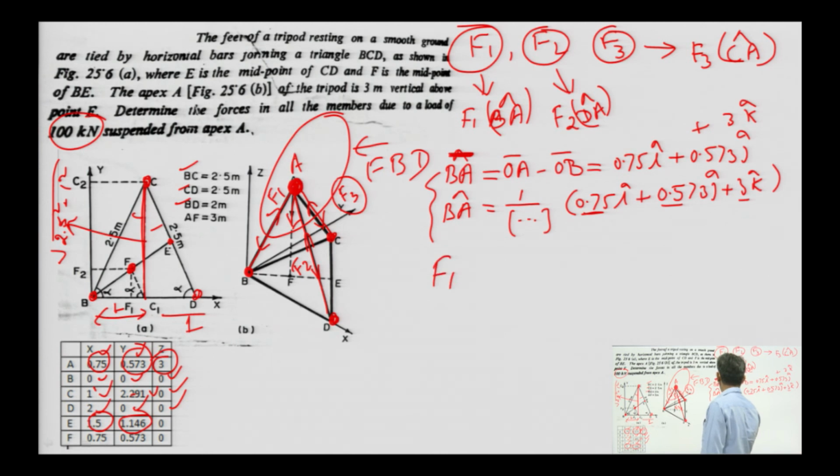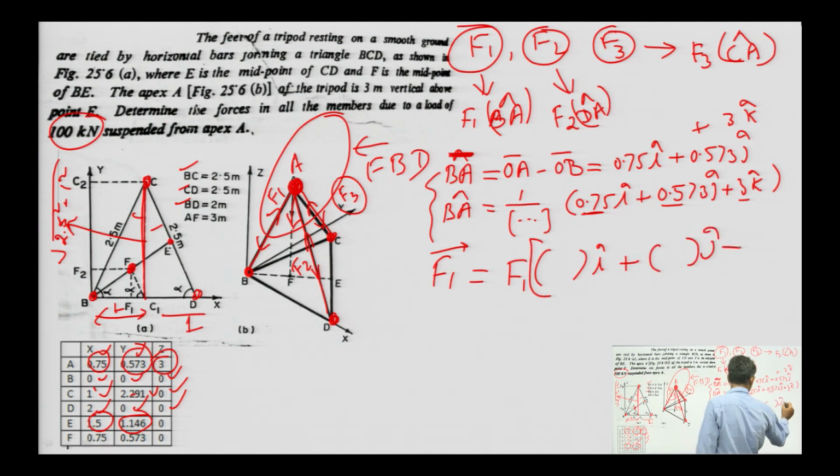Then vector F1 is F1 times a certain value i cap, plus a certain value j cap, plus a certain value k cap.